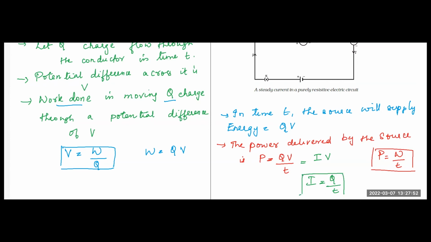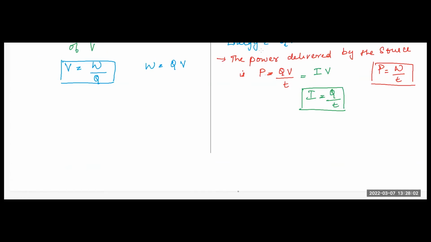So from this relation, we can write power is equal to I into V, or V into I. So from this, we can find out the energy supplied by the source.